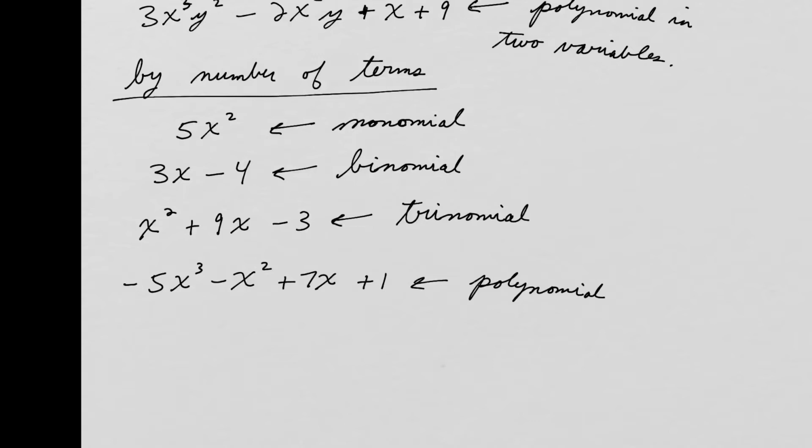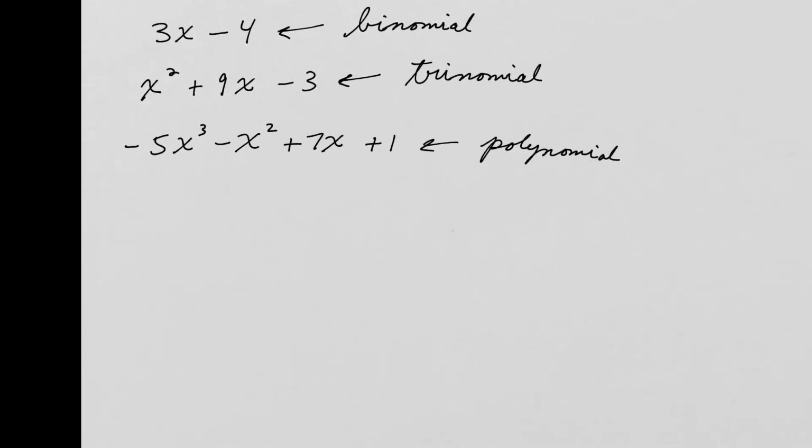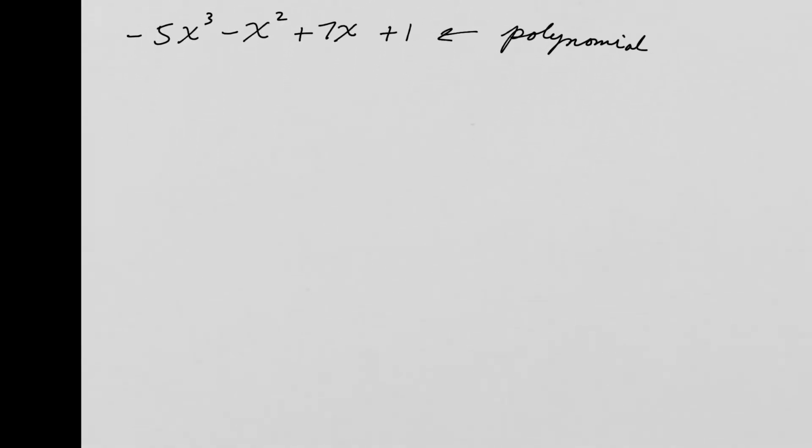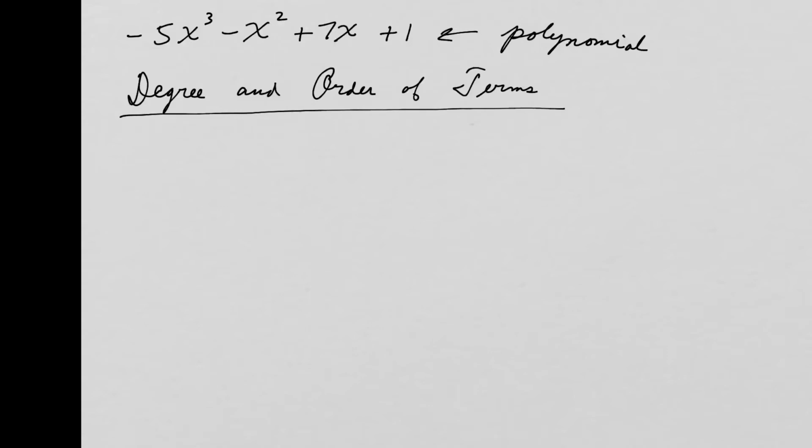Okay, another thing that's important is the degree of the polynomial and how we write the order of the terms. So degree, let's say degree and order of terms. So the degree, let's start with a monomial first, with a single term polynomial.